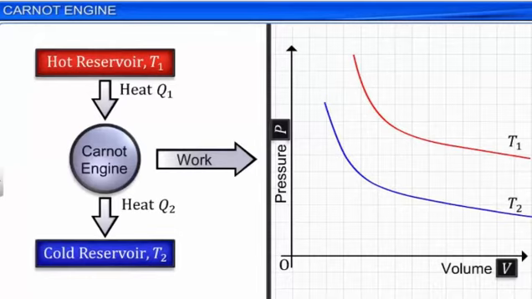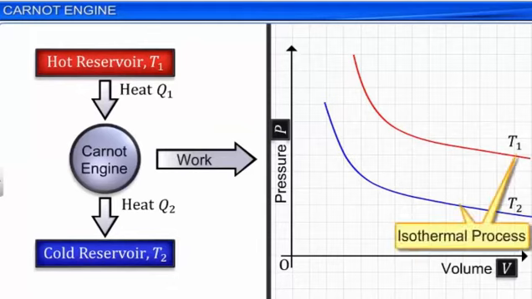There must be two more processes. In the first process, the temperature of the system changes from T1 to T2. And in the other process, the system is taken back from T2 to T1.